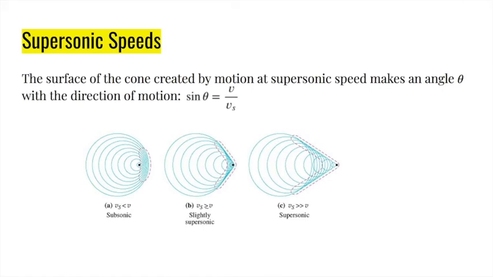Last thing in this section is supersonic speeds. You may have seen videos of Navy jets flying low over the surface of the ocean, and they create this big wave. The shock wave coming off of the jet produces a wave well behind the jet itself.